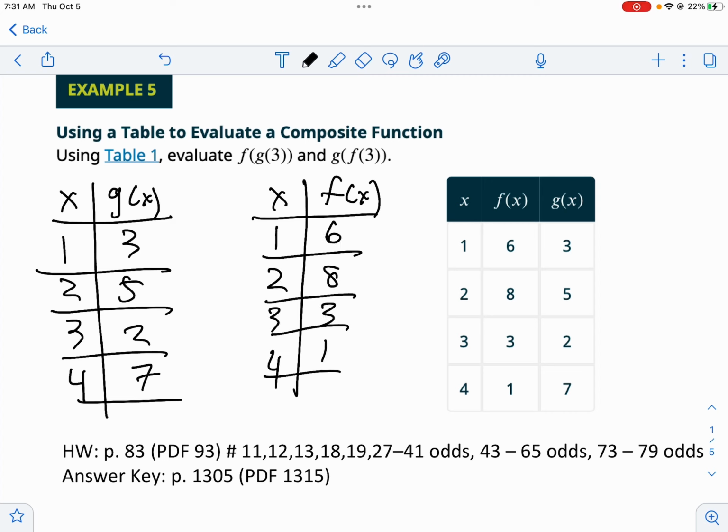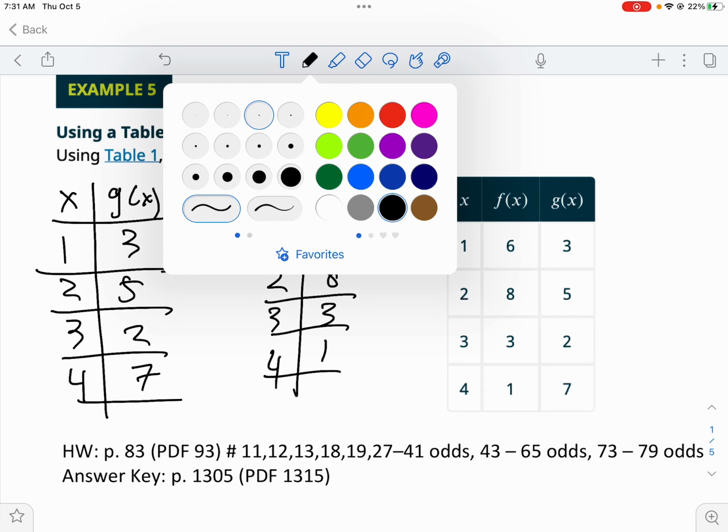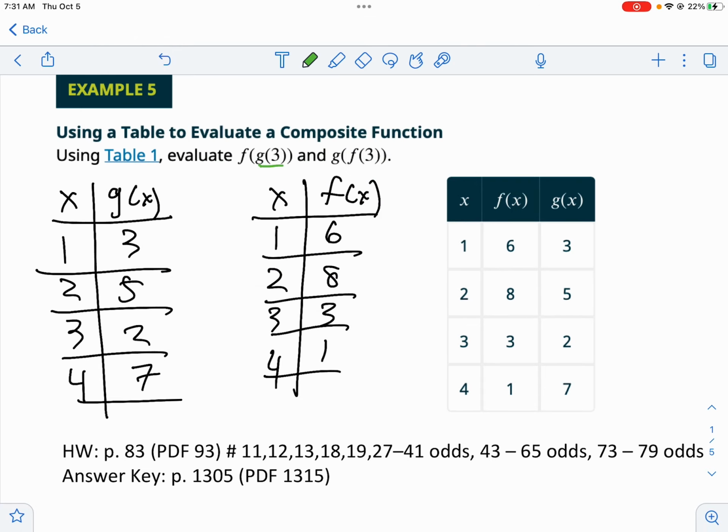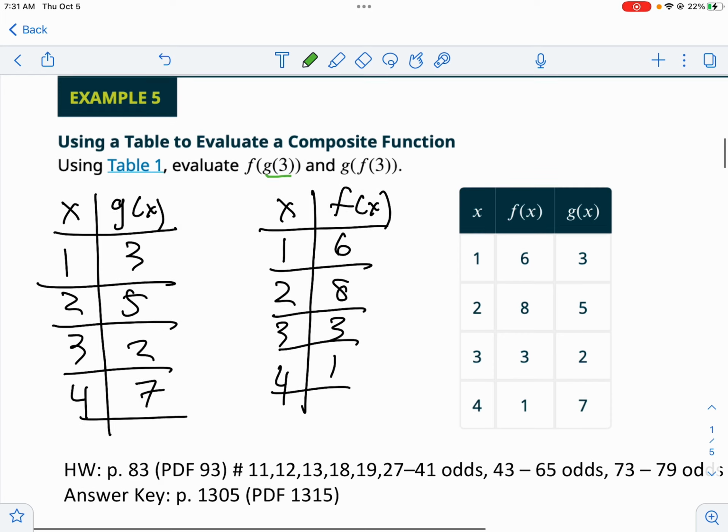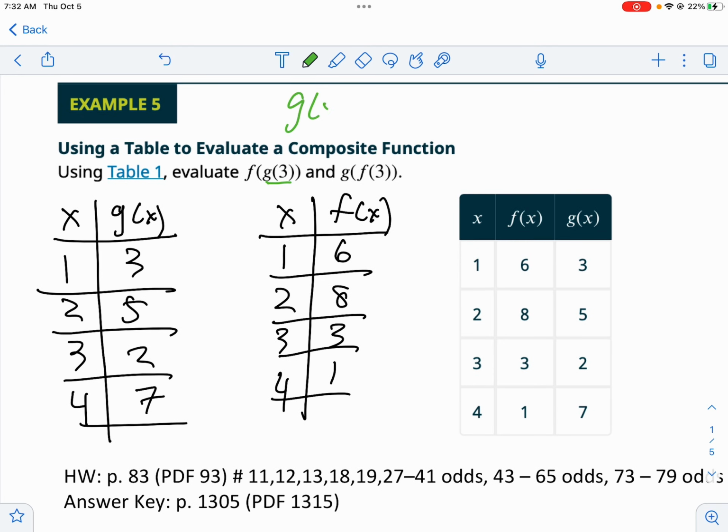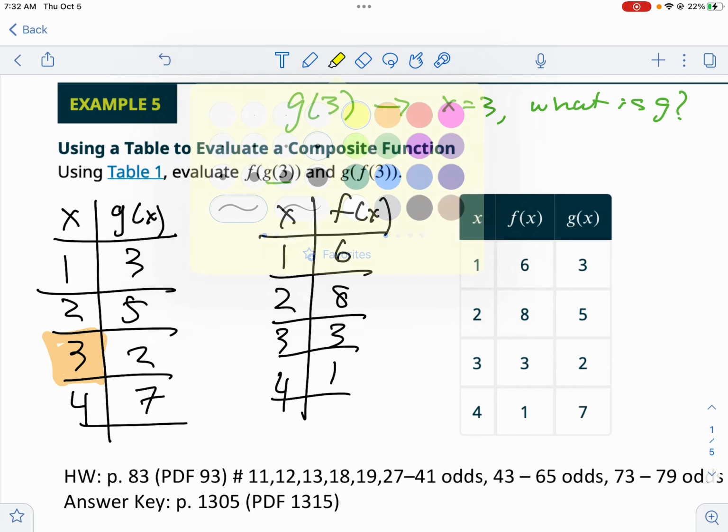So, G of 3. G of 3 means X equals 3. What is G? That's what it means. So here's X equals 3, and you see that G is 2. So G of 3 is equal to 2.